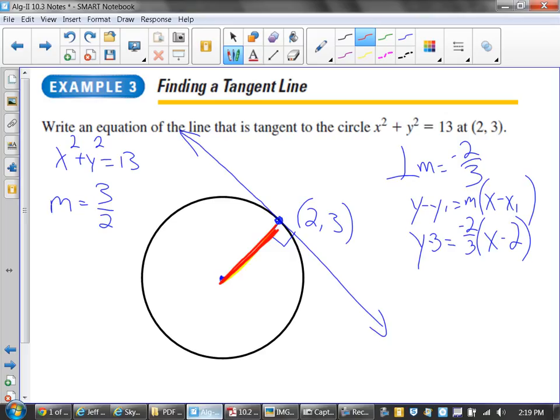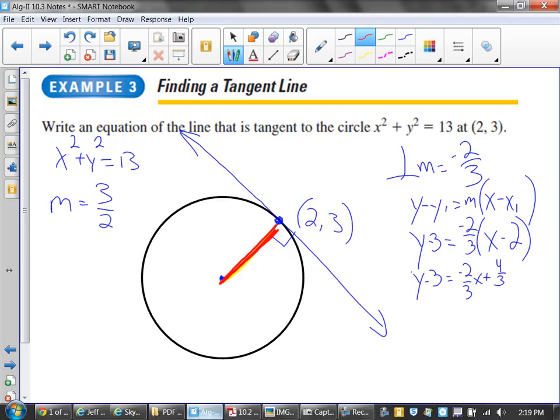Distribute. We get y minus 3 is negative 2/3 x plus 4/3. And then lastly, I have to add the 3 over.